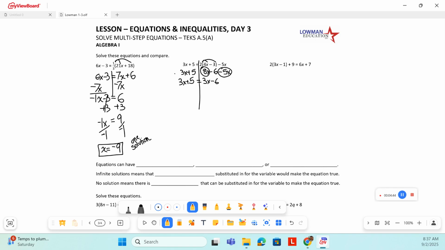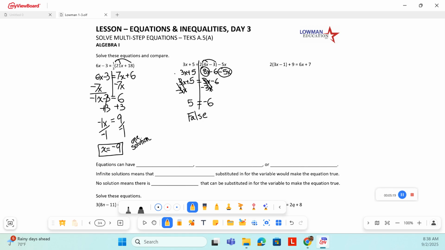So let's go ahead and work it out and see what happens. Do minus 3x on both sides. Well, those cancel out, and those are also going to cancel out. And so I end up with 5 equals negative 6. Is that a true or false statement? That is, of course, false.